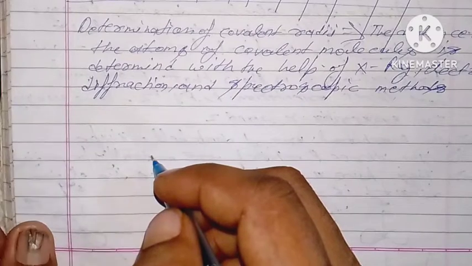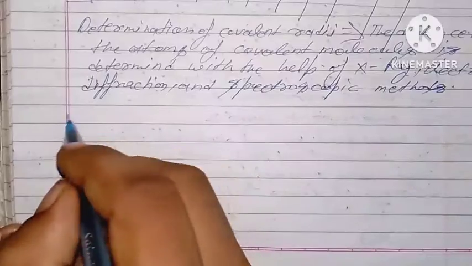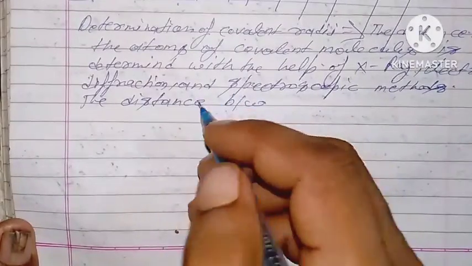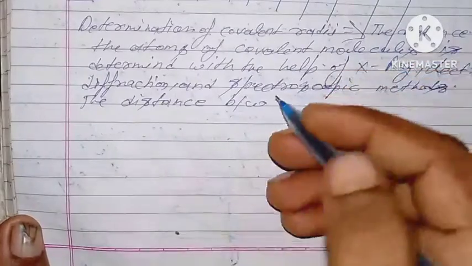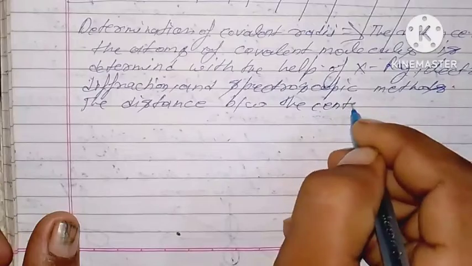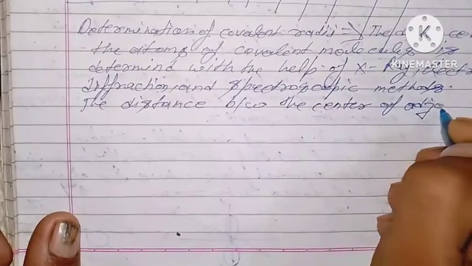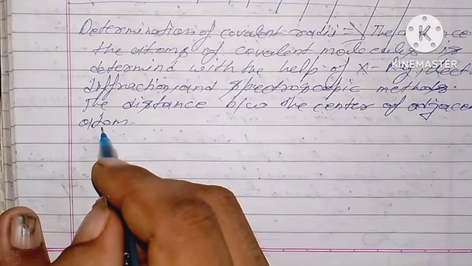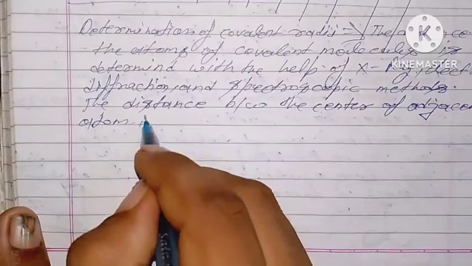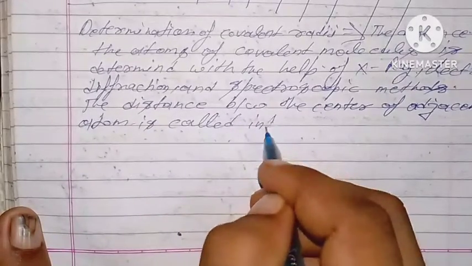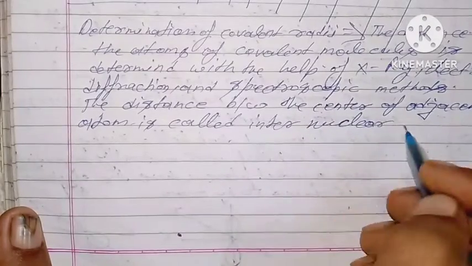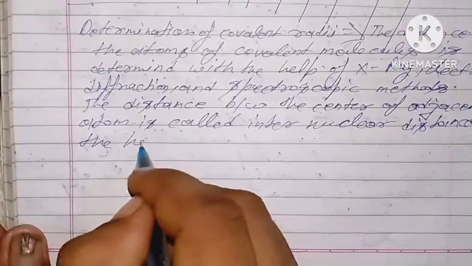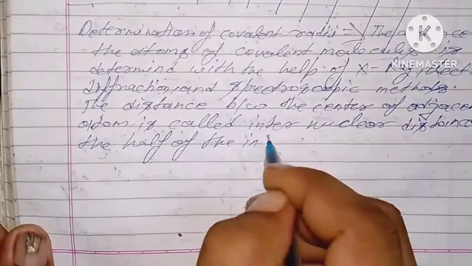The distance between the centers of adjacent atoms is called the internuclear distance.